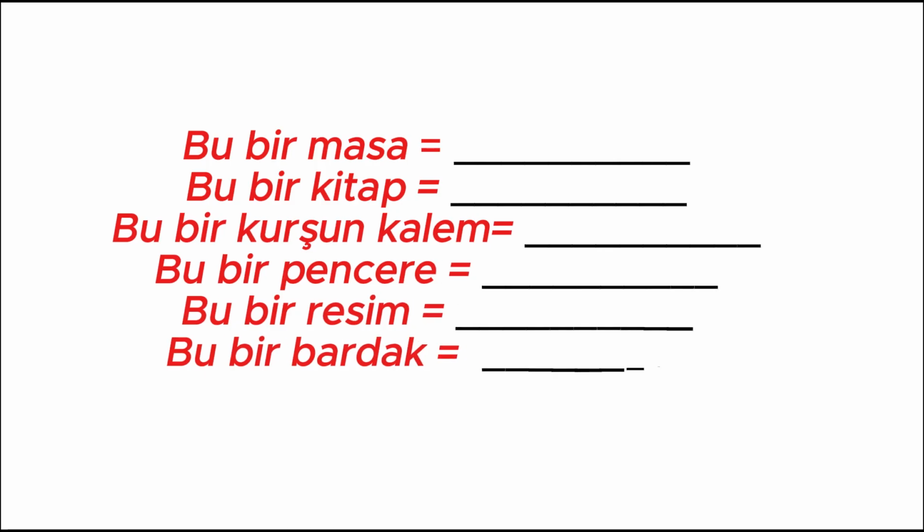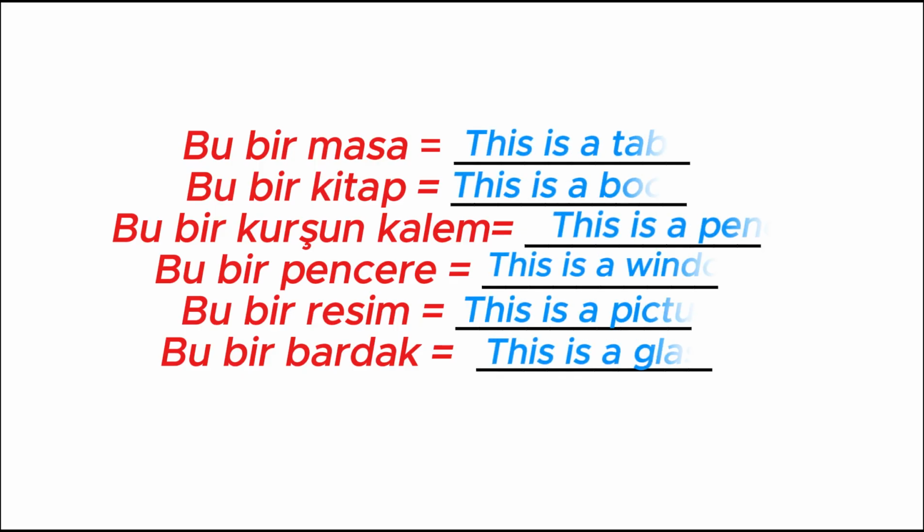And the next exercise. We will do the same thing here. Please pause the video firstly and then fill in the blanks with the correct words. Let's do. Here are the answers. This is a table. This is a book. This is a pencil. This is a window. This is a picture. This is a glass.